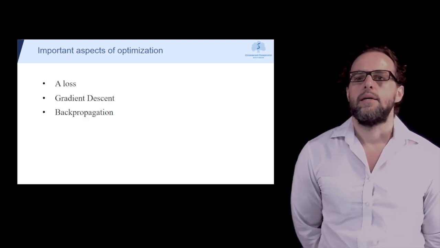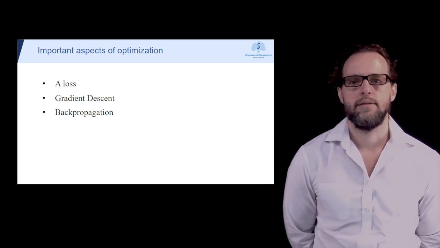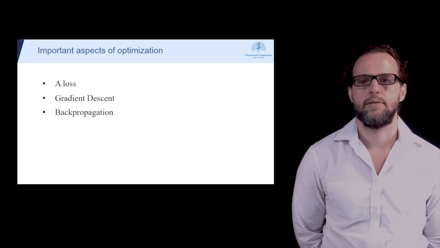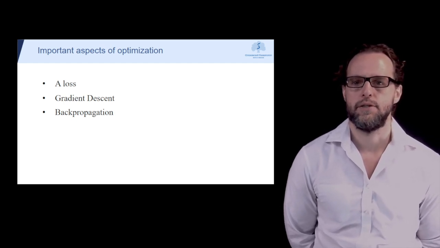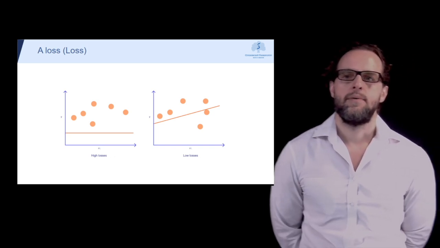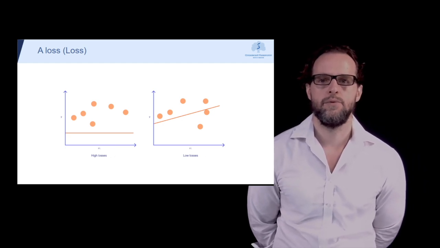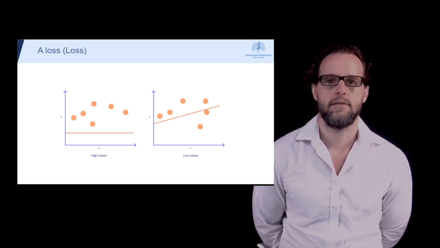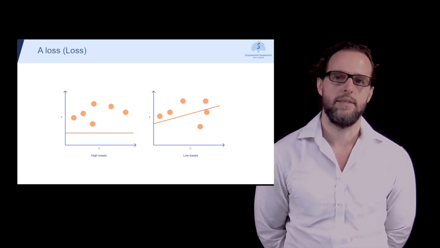Next, we'll look at the optimization stage, for which we need to understand these important aspects: loss, gradient descent, and backpropagation. Loss is a way supervised machine learning algorithms learn how close their estimated labels are to the true labels of the data.